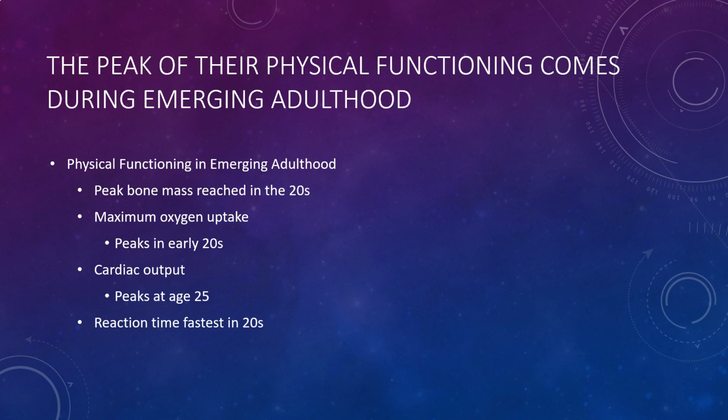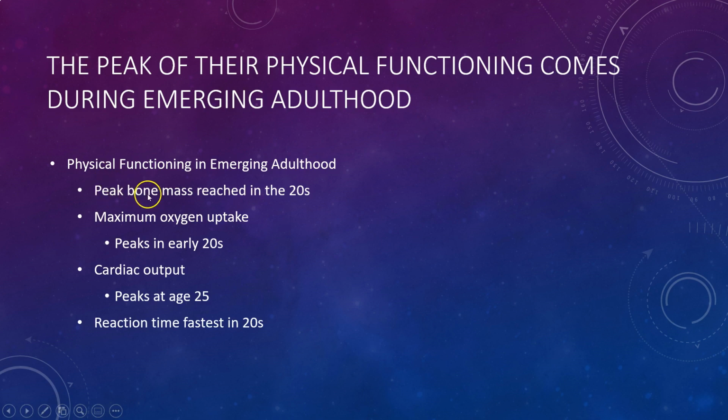And so our peak physical functioning really happens during emerging adulthood, so in the early 20s, basically. Kind of depressing for those of us who have passed our early 20s.